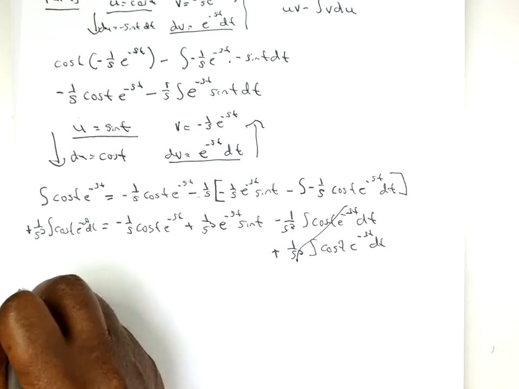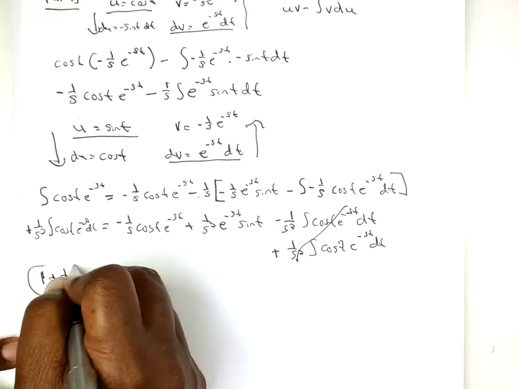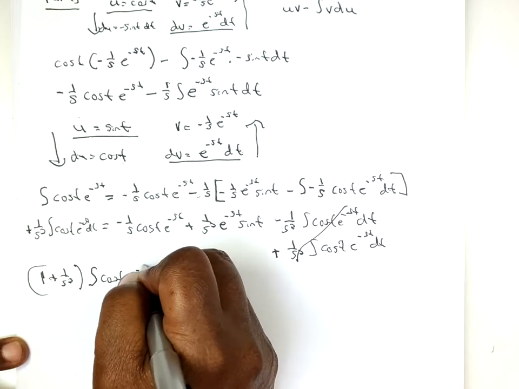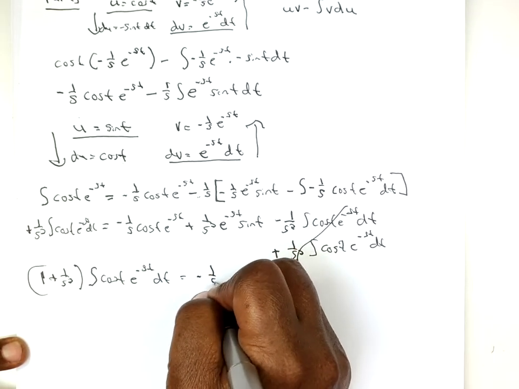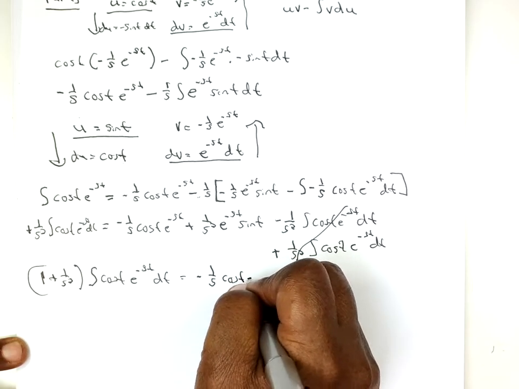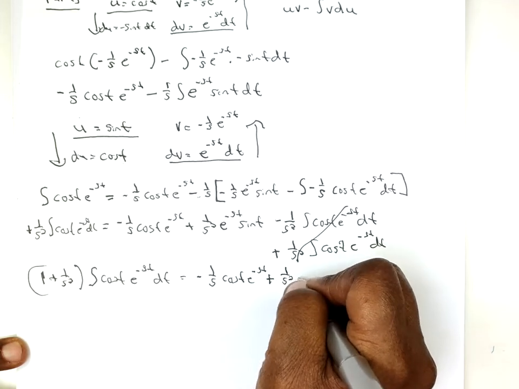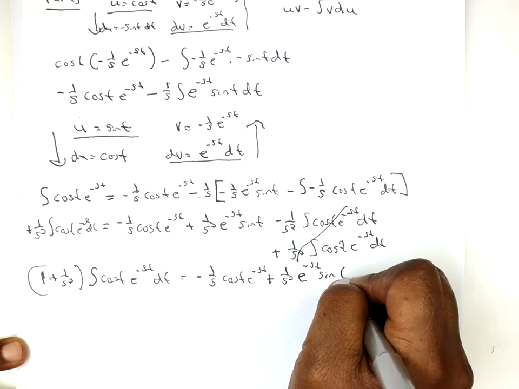So when you add those two together, you get 1 plus 1 over s squared cosine t e to the negative st dt equals negative 1 over s cosine t e to the negative st plus 1 over s squared e to the negative st sine t.